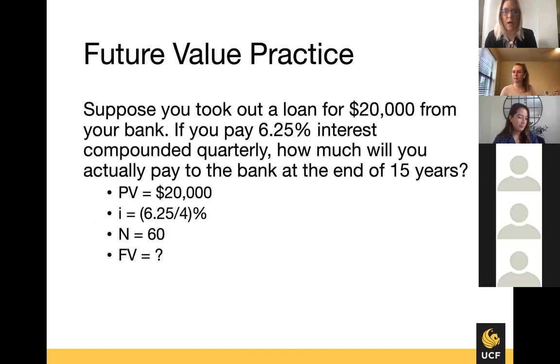So one more quick practice problem. This is a topic that I teach very regularly for students in master's degree programs in public administration and nonprofit management. And because I'm also a little sadistic, one of my favorite things to do is to show my students how much they're actually going to be repaying in student loans when they finish their degree programs.